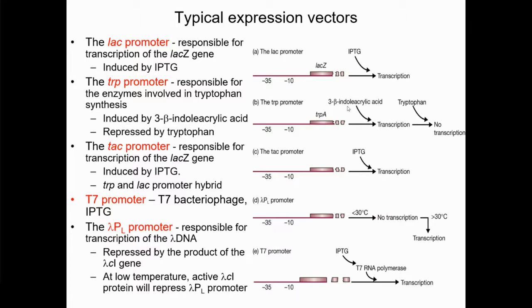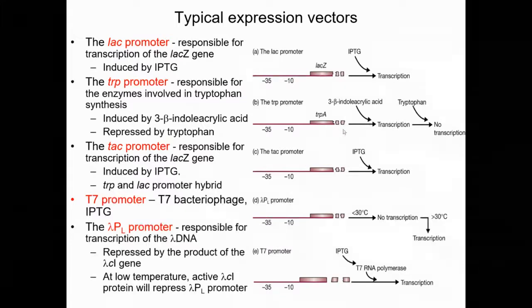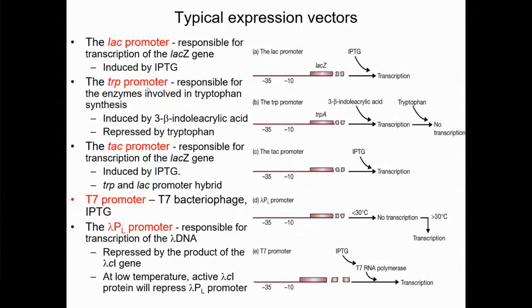You add 3-beta-indole acrylic acid, and then you activate the transcription. If you produce too much tryptophan, it has a feedback effect that stops the transcription. So that's the trp promoter. And we also have the tac promoter, also for LacZ gene expression induced by IPTG.